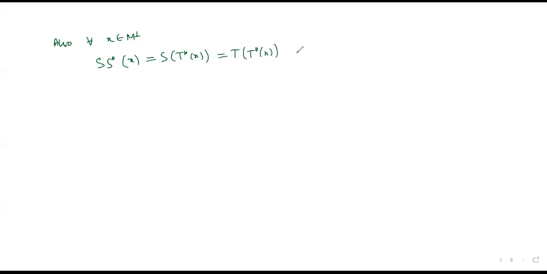Now since T is normal, this is the same thing as T*T of x, but then I can write it as T*S of x. Again, T* when restricted to M perp would be S*.